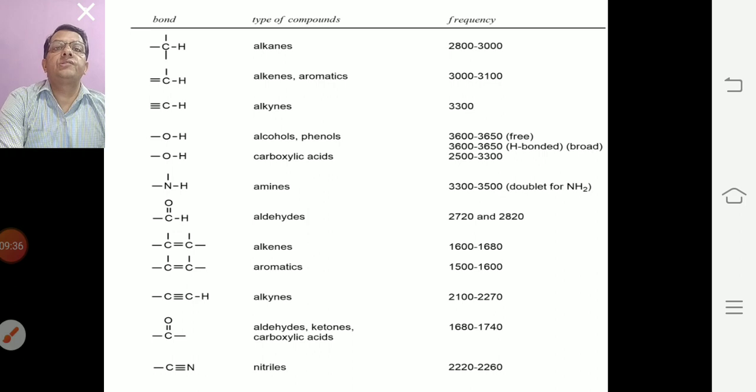Here are some stretching vibrations and their frequencies.